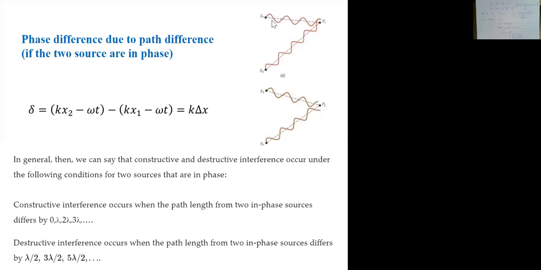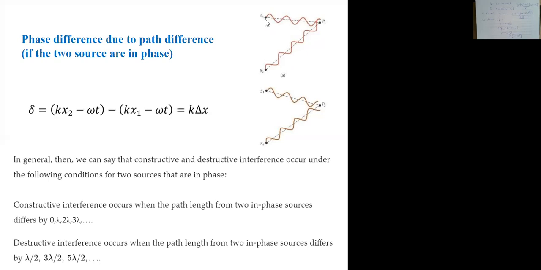The fact that they meet over here, so the x here will be the distance from the source to the point of interest. So then this is x1, this will be x2.